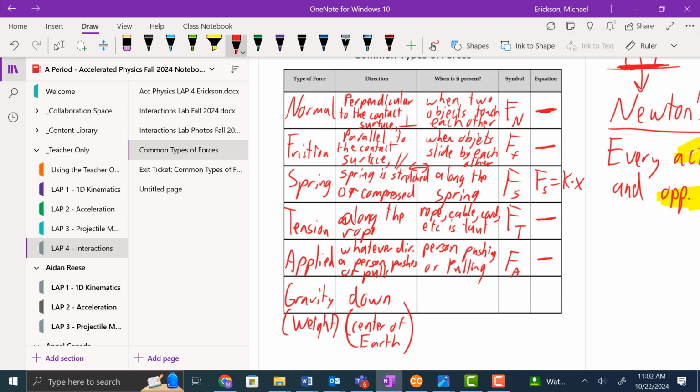What is causing gravity is basically the mass of the Earth pulling down on us. It's present anywhere on Earth. I'm just going to keep it simple. The symbol is F sub g, so big F, little g. Sometimes you'll see it as big W. The formula is the same for both of them: Fg is equal to mg.